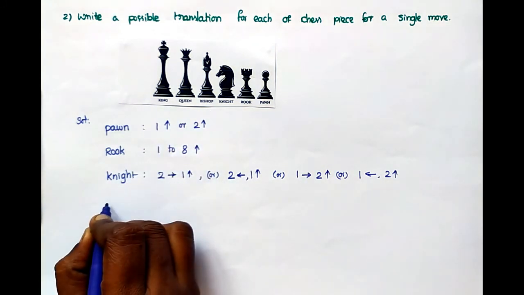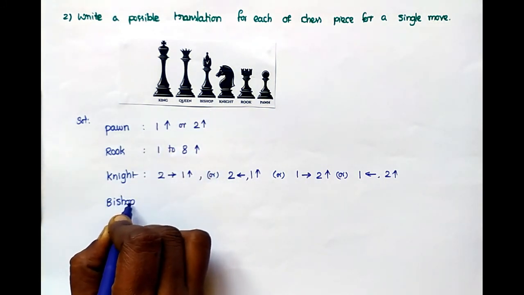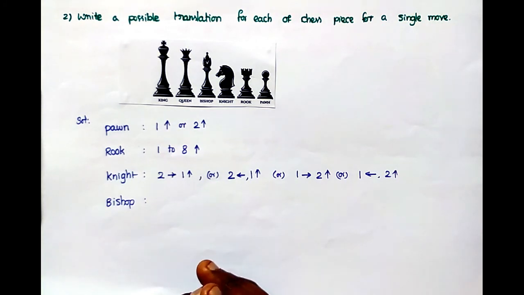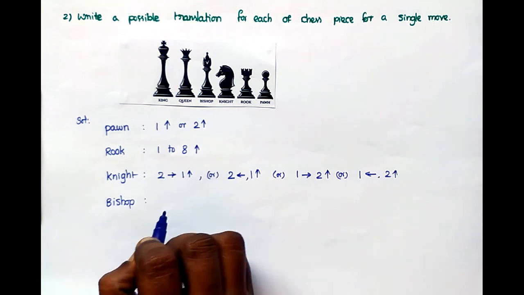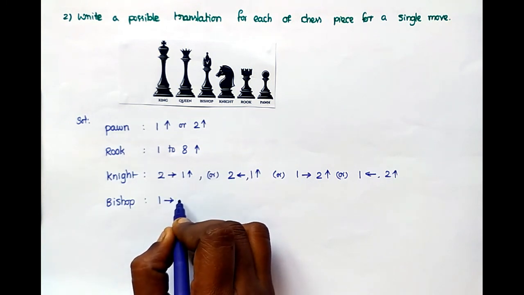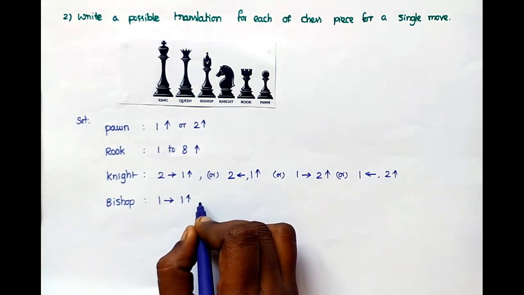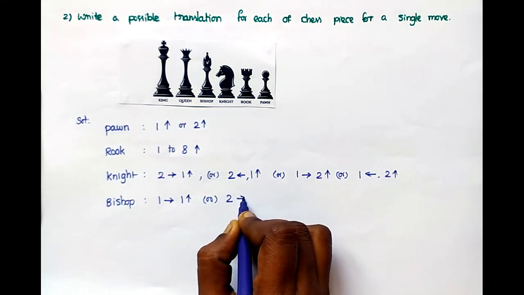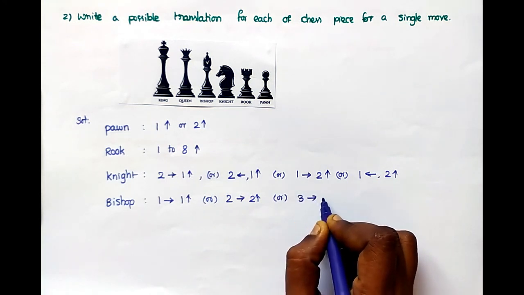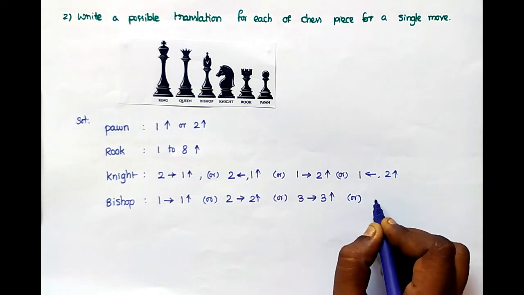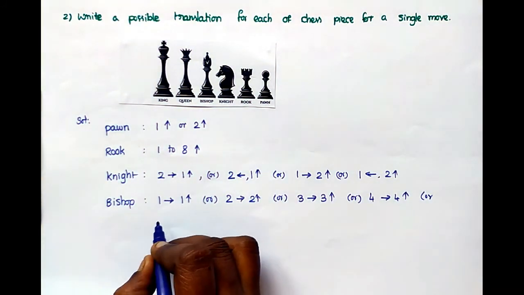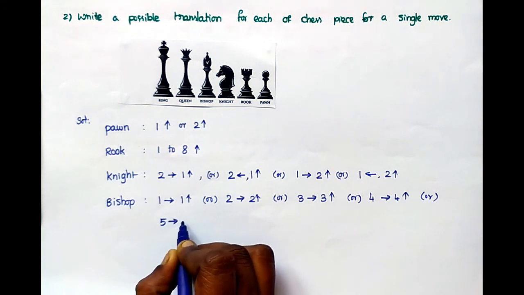Next one, bishop. We have already seen that black moves only on black and white only on white. 1 move right side and 1 move upward, or 2 moves right side, 2 moves upward, or 3 moves right side, 3 moves upward, or 4 steps right side, 4 steps upward, or 5 steps right side, 5 steps upward.